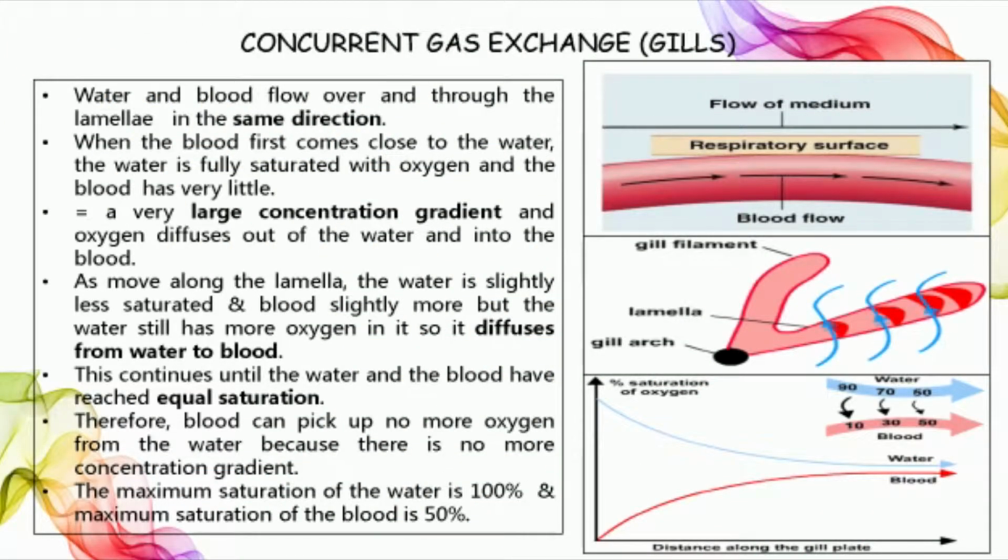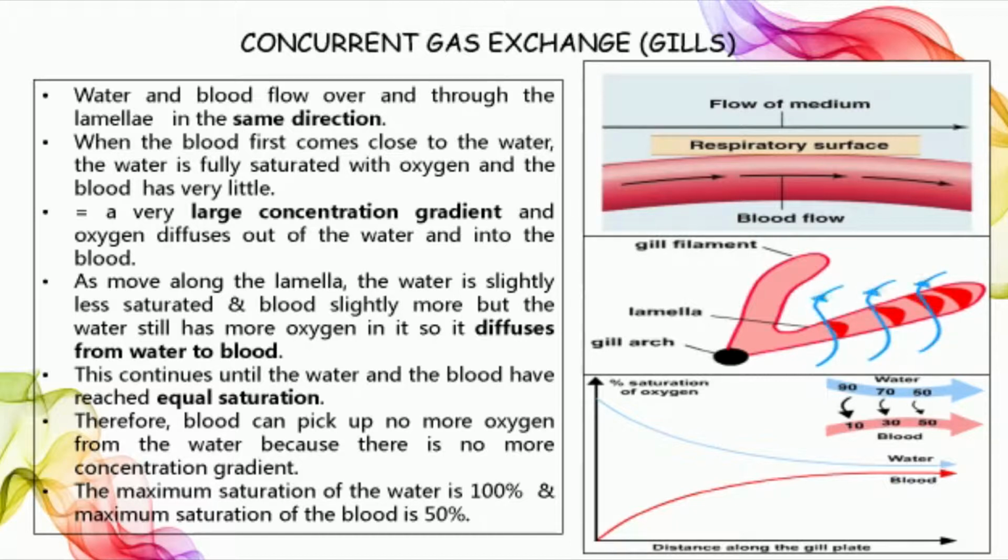At first, we need to understand the concurrent gas exchange which occurs in the gills of the fish. Water and blood flow over and through the lamellae in the same direction. When the blood first comes close to the water, the water is fully saturated with oxygen and the blood has very little of it.